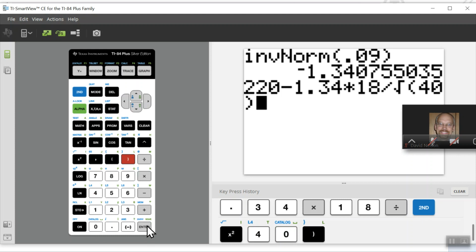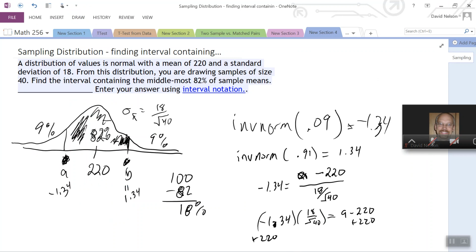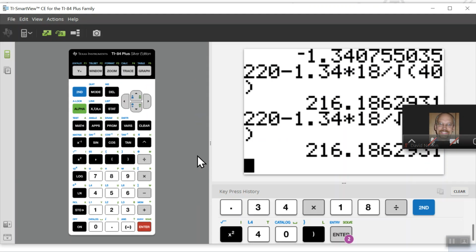And so the left side of my interval is going to be 216.19. That's the A value. And then for the B value, I just need to change that from a minus to a plus.